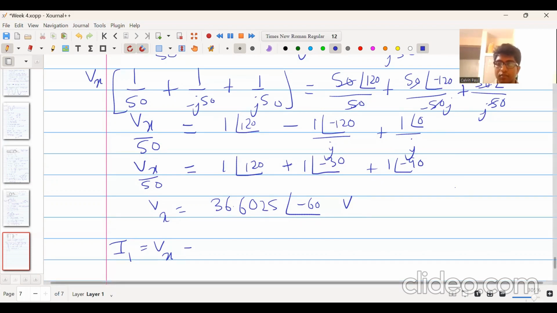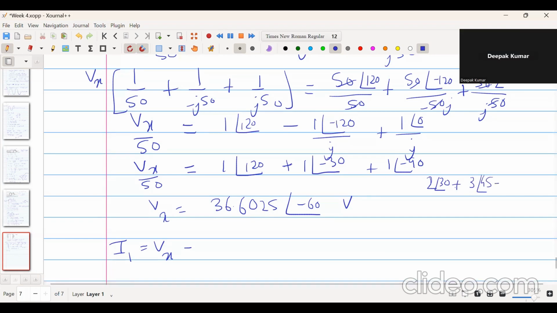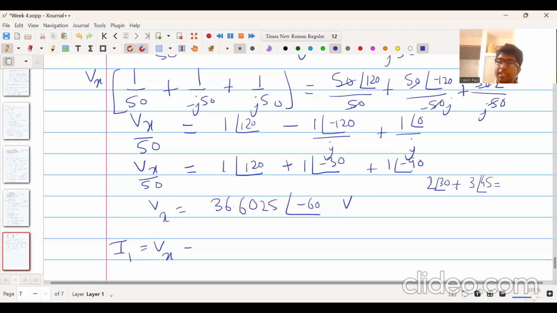Suppose there is one number, 2 angle 30 plus 3 angle 45. You are asking a question like this, right? Yes, sir. So 2 angle 30, you will write it in the rectangular form.